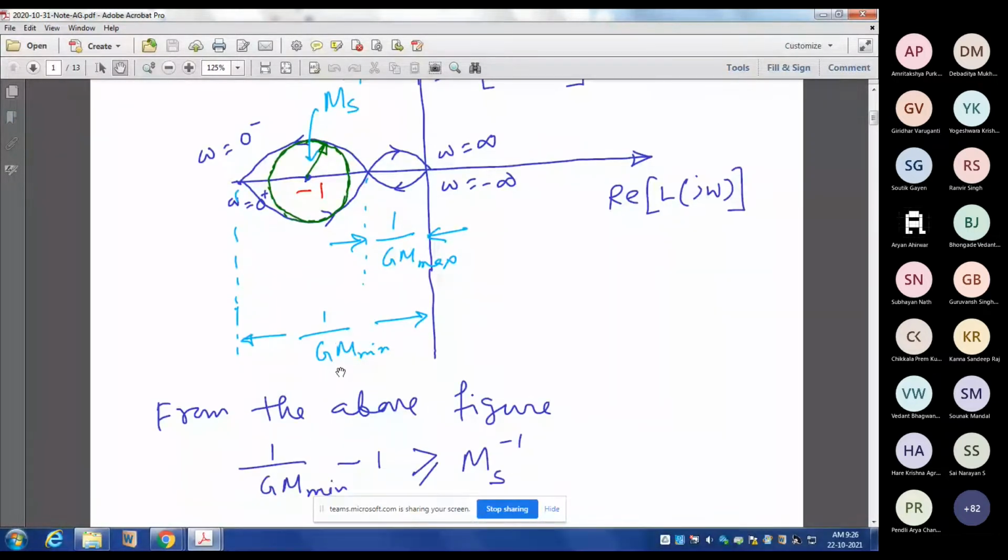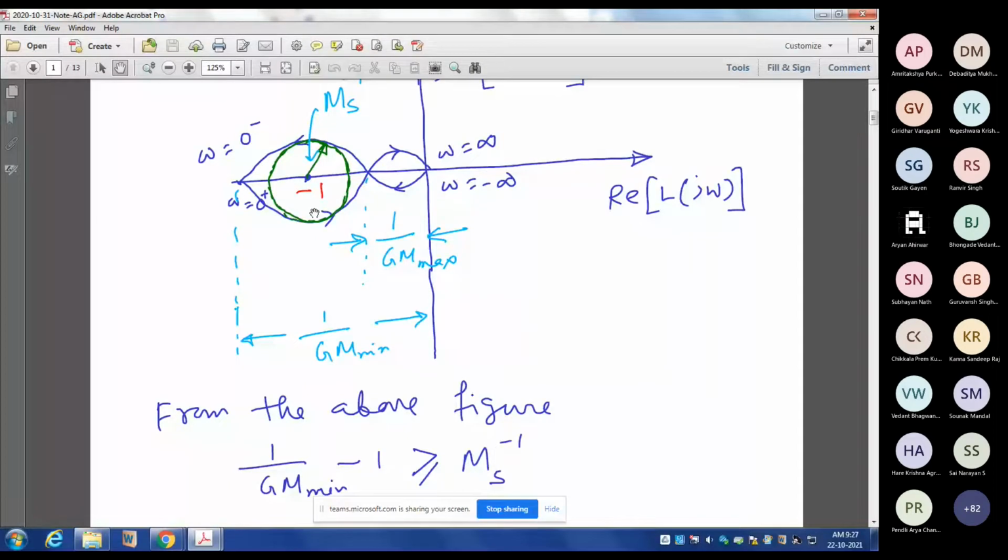So from this figure, what can you write? The distance from this point to this point equals 1 by GM min minus 1, since here to here the distance is 1. So 1 by GM min minus 1 is greater than or equal to Ms inverse, because Ms is this one.